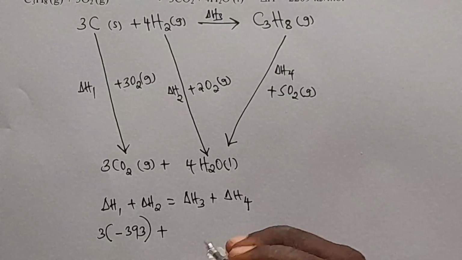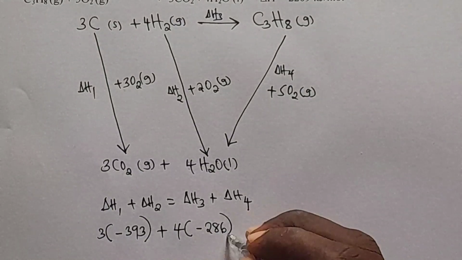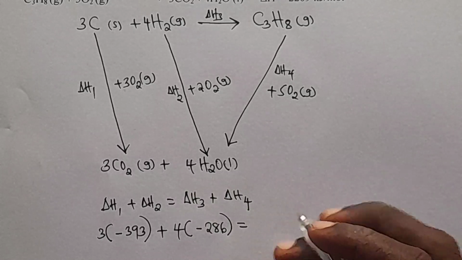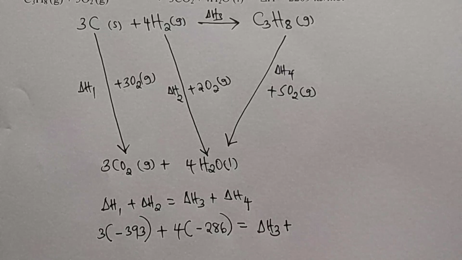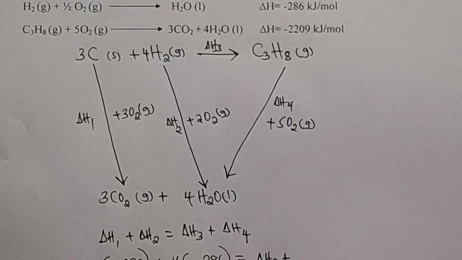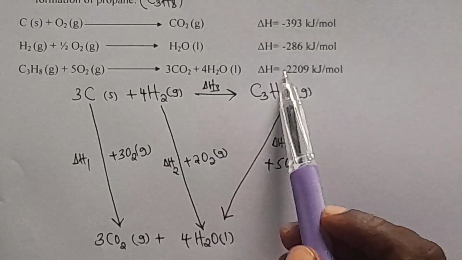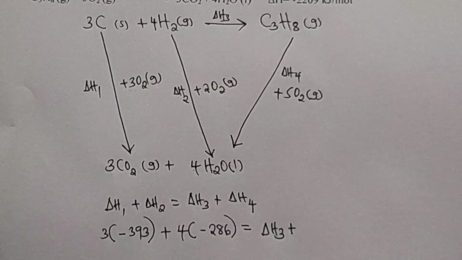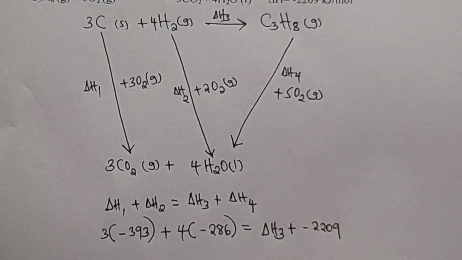So we are going to have 4 in bracket negative 286 kilojoules per mole. This will be equal to enthalpy 3, which I don't know. That's the one I'm looking for, plus the combustion of propane. And the combustion of propane here is negative 2209, so we are going to have minus 2209 kilojoules per mole.